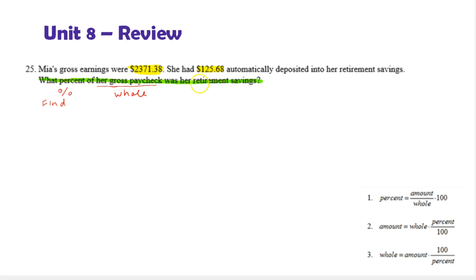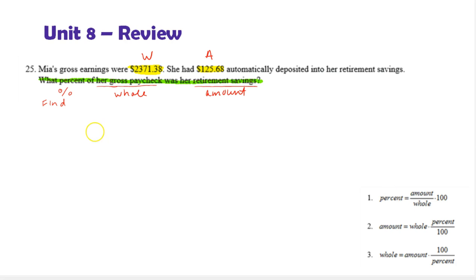Retirement savings was this amount, so this is our amount. Notice the gross paycheck, which is right here, is our whole, and we're solving for the percent.